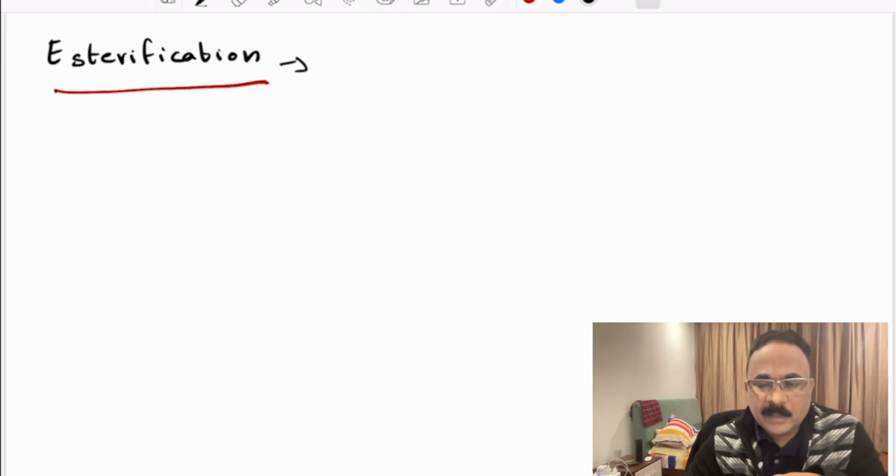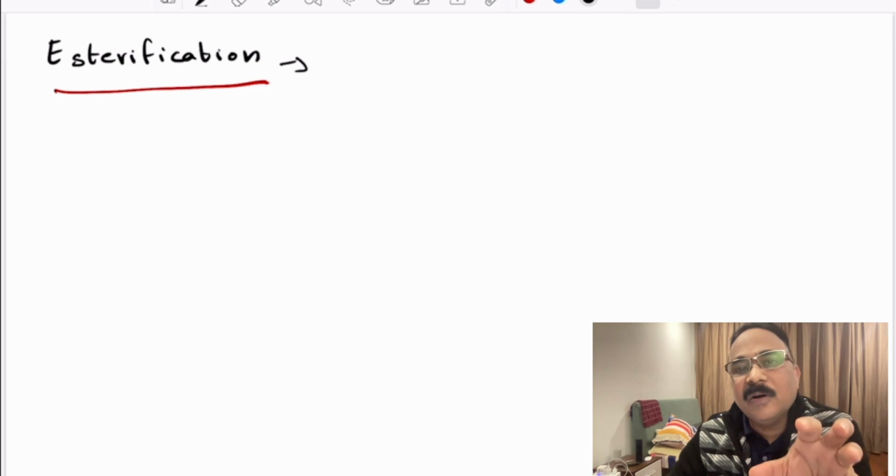Esterification is formation of a sweet smelling substance which is known as ester. Whenever we react an alcohol with a carboxylic group, that is acid group, then in the presence of, that is very important, in the presence of concentrated sulfuric acid, it will give a sweet smelling substance which is known as ester.